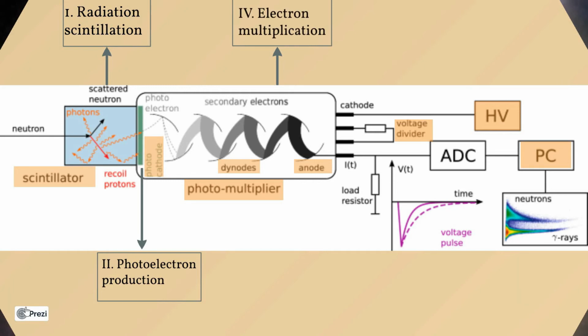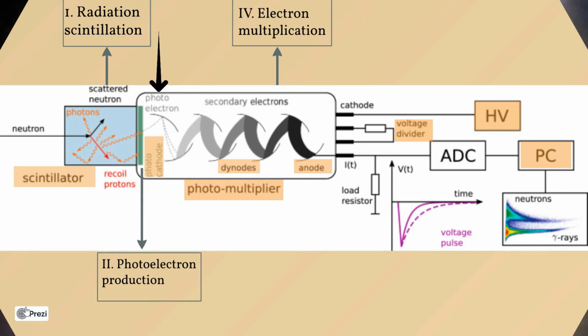It's important to keep the photomultiplier tube in a good vacuum to minimize the loss of the electrons.